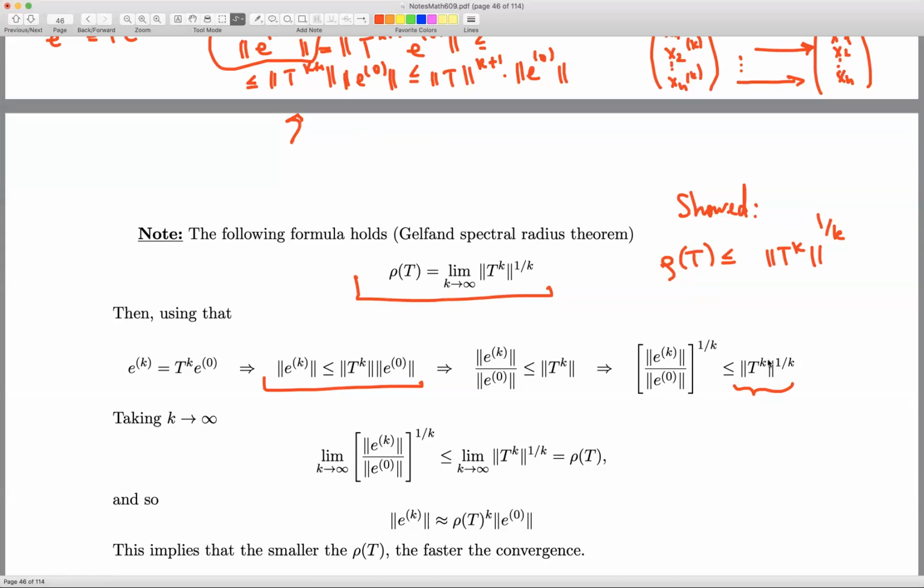On the right side, this quantity, the norm of T to power k raised to power 1 over k, has a limit, and this limit is exactly the spectral radius of the operator T. Therefore, when we look at this inequality, we will end up with the limit, but this limit will be the lim sup.